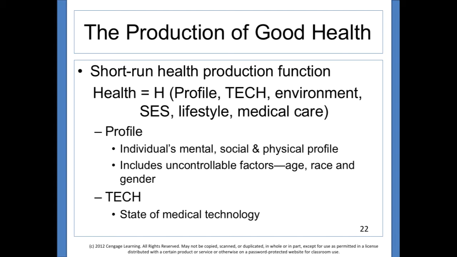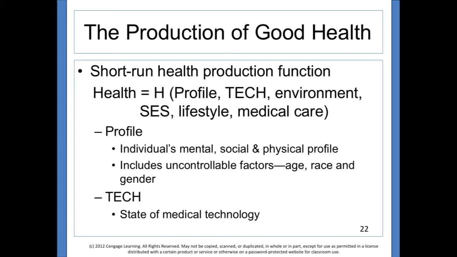So we have the profile of the individual, which means the mental and physical status of the individual, basically the status of health. Then technology, which refers to medical technology.